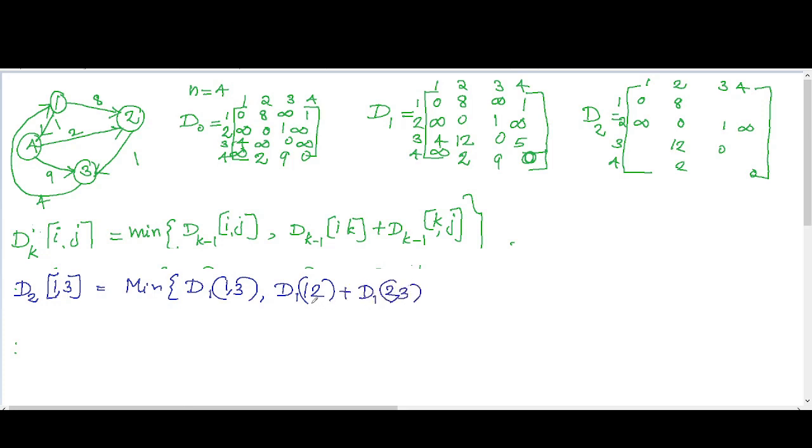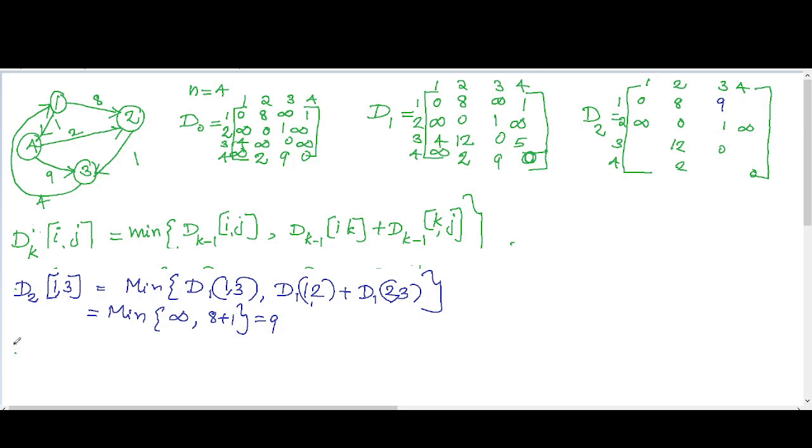Here we have to take the vertex 2 as intermediate. 2 is the intermediate vertex here. So that is equal to the minimum of infinity comma 8 plus 1. That means 9. So you can write 9 here.